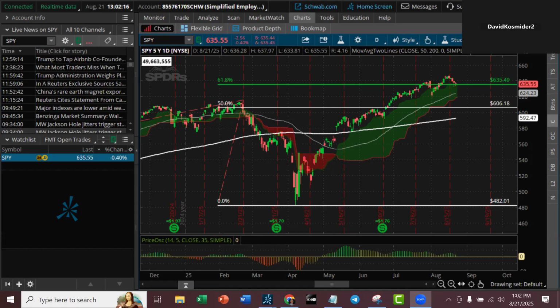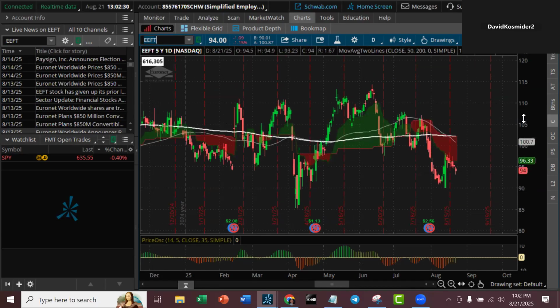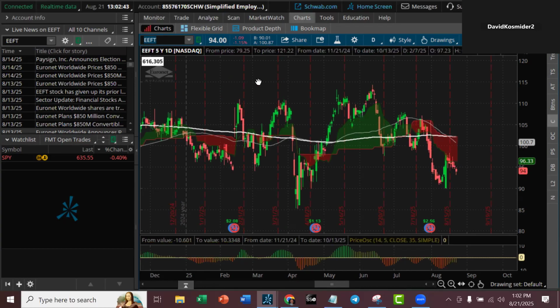All right, so we got a couple symbols already. Here's Jan and EEFT. And this is Euronet. I don't recognize the symbol, so I'm not exactly sure what they do. But I'm looking at a chart with roughly a year's worth of data.